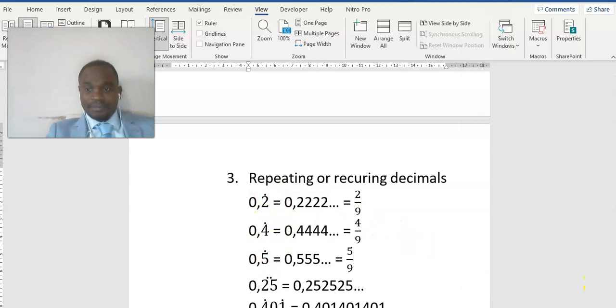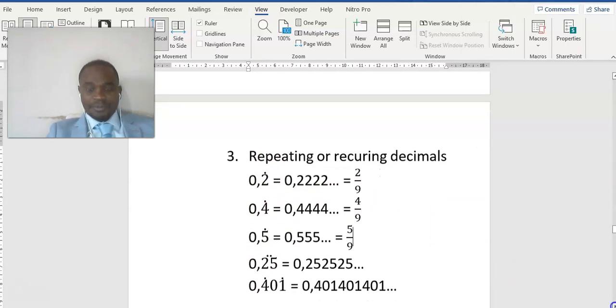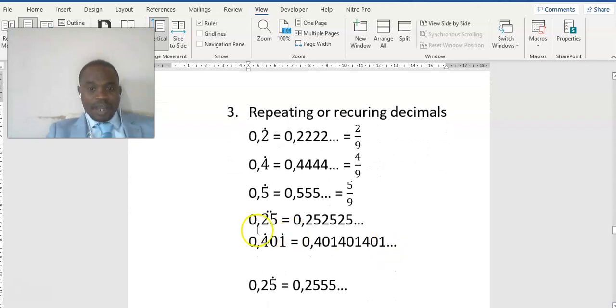Okay, another one, this type. If I have 0,25 with a dot on 2 and 5, what is it going to be?